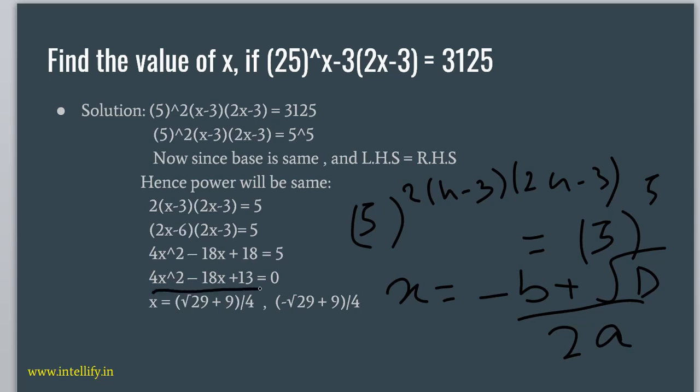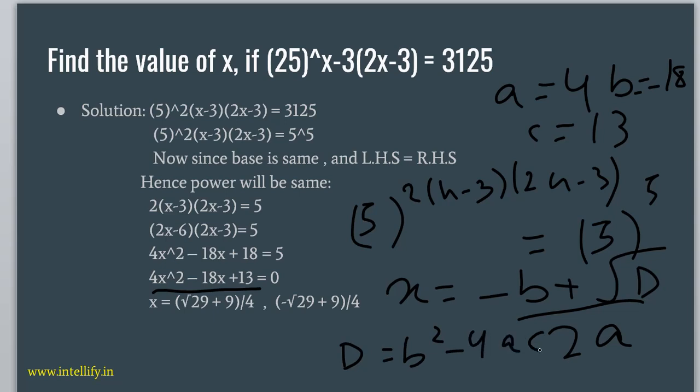For this equation we have a equals 4, b equals minus 18, and c equals 13, and we can find d equals b square minus 4ac. Putting the values of a, b, c and finding d, and then putting d, b and a in this, we get the two values of x: under root 29 plus 9/4 and under root 29 plus 9/4.